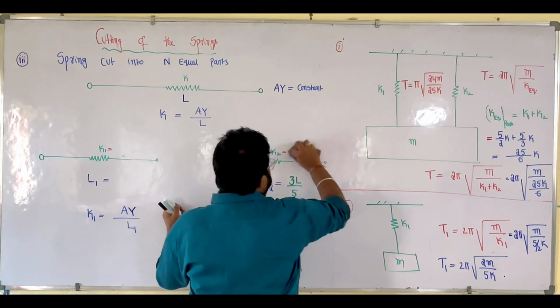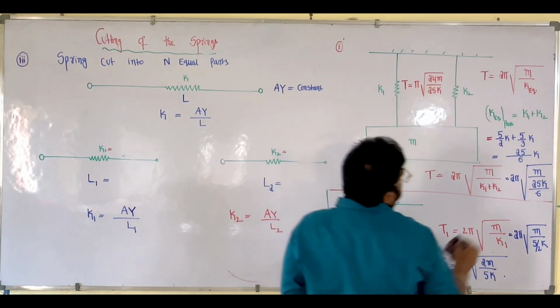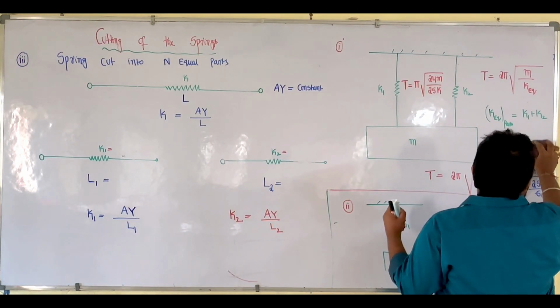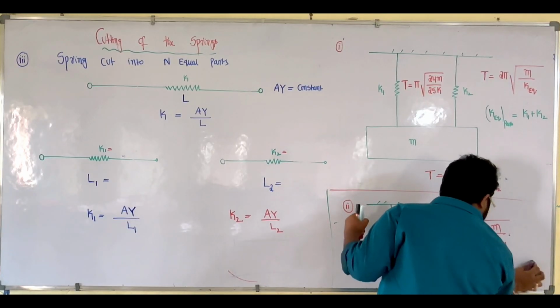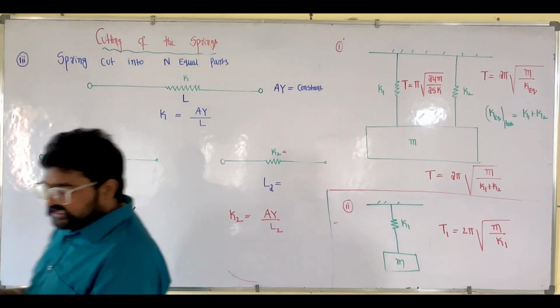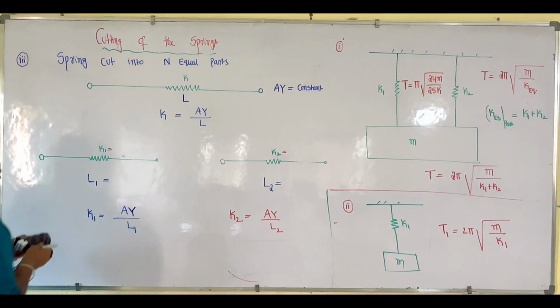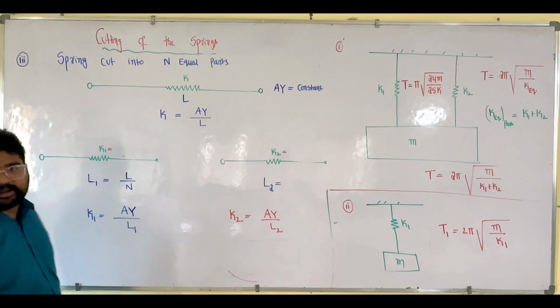Each part becomes how much? With n equal parts, each part becomes L by n.